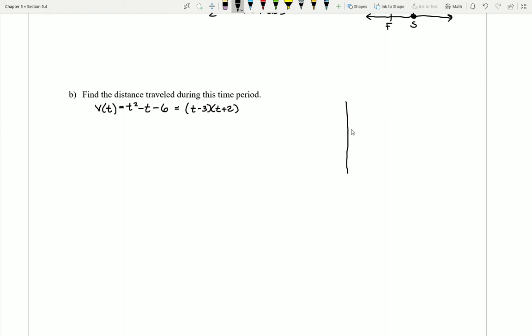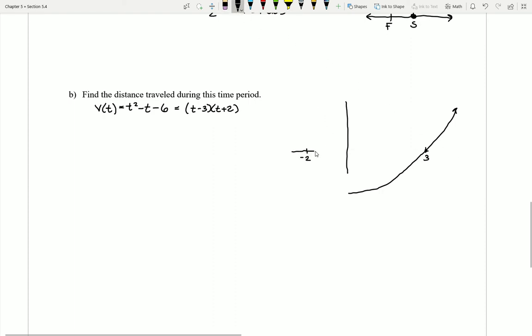So if I was going to sketch out my picture here, I can see that at negative 2 and at positive 3, I'm going to cross over my x-axis. And of course, this is a parabola that's going to be opening upwards. So I can see then that I'm probably going to have some picture over here that ends up going something like this. And this is what I'm going to be working with.